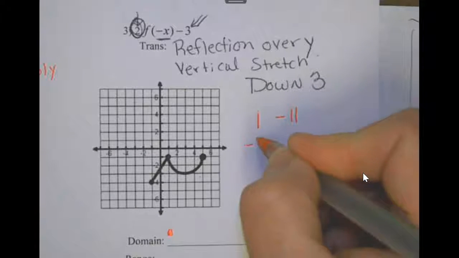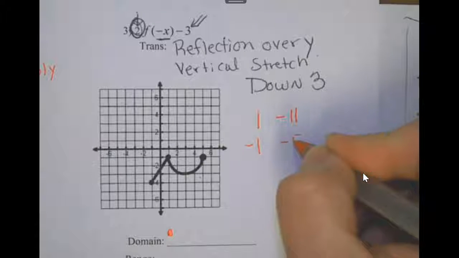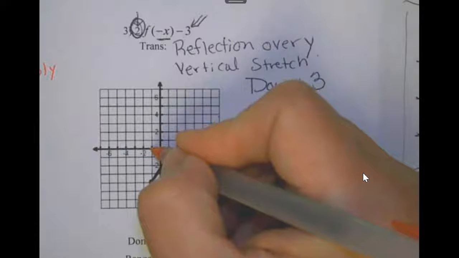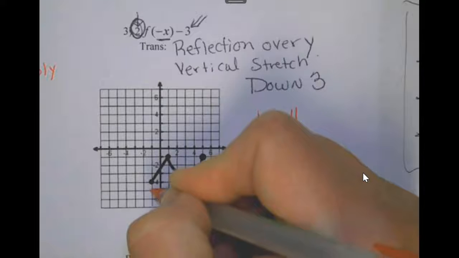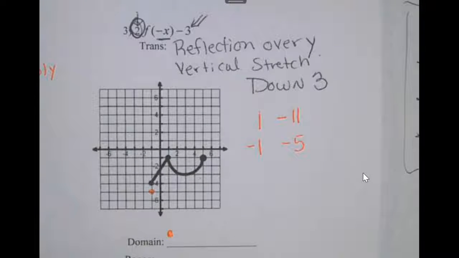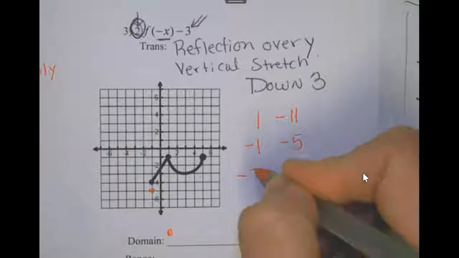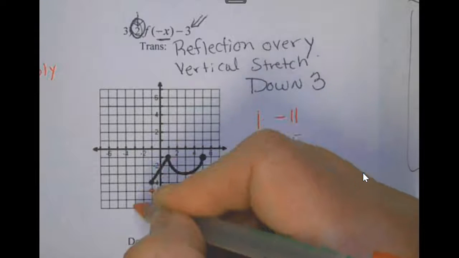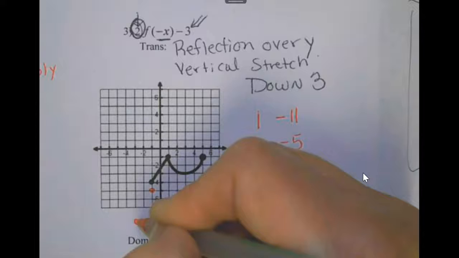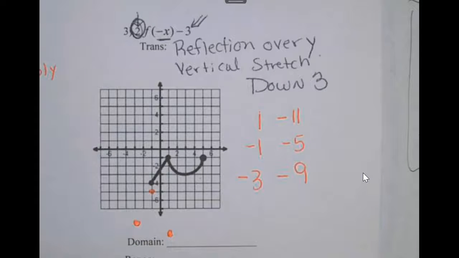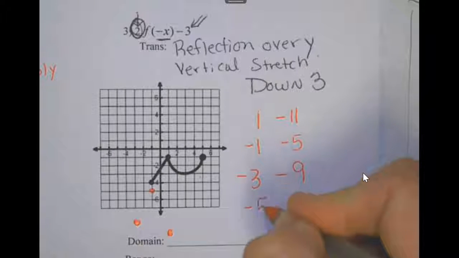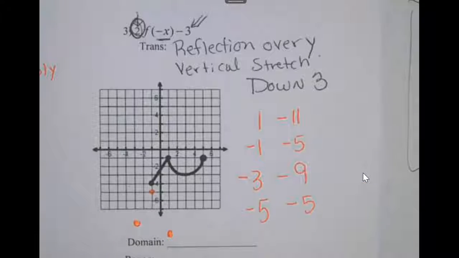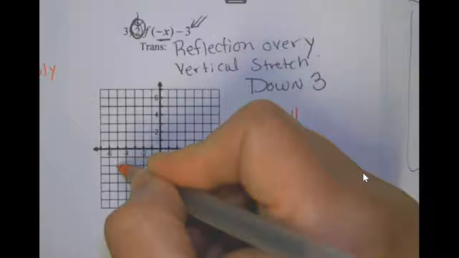The second point is negative 1, negative 5. The next point also goes off my graph. Negative 3, negative 9 goes off my graph, but not quite as far as the other one. The last point is negative 5 and 1.